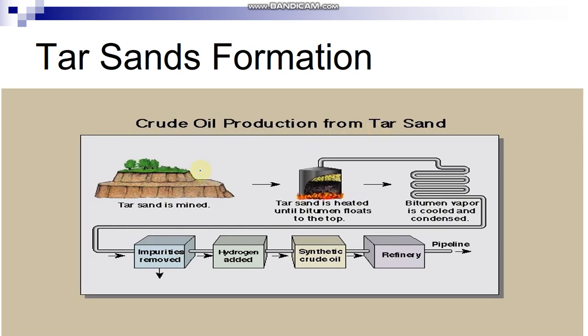But the same thing is applied. You take the tar sands out of the ground like we saw before the flood. You take the sand out of the ground, you heat it up. By heating up, you extract the bitumen, you cool the bitumen vapor and condense it, and then there you have it. You have synthetic oil.